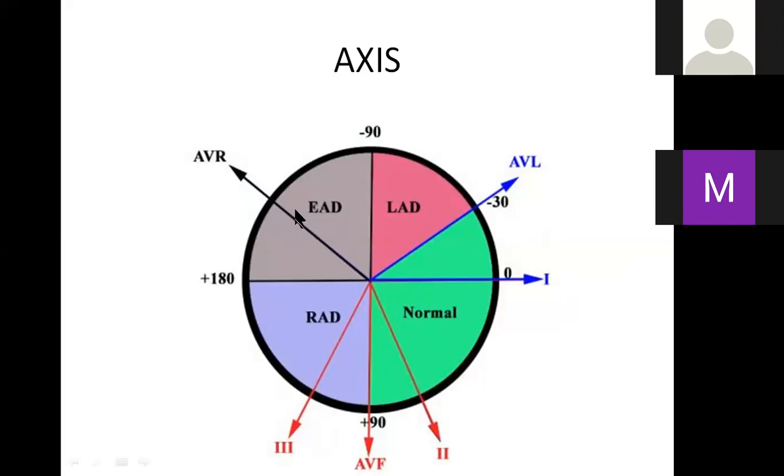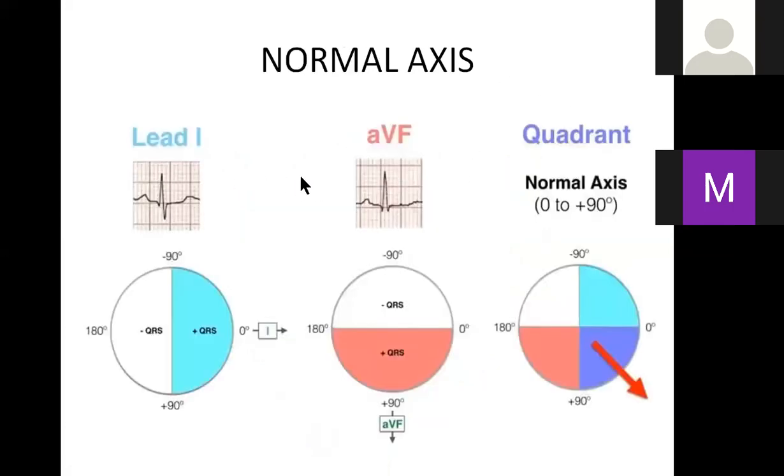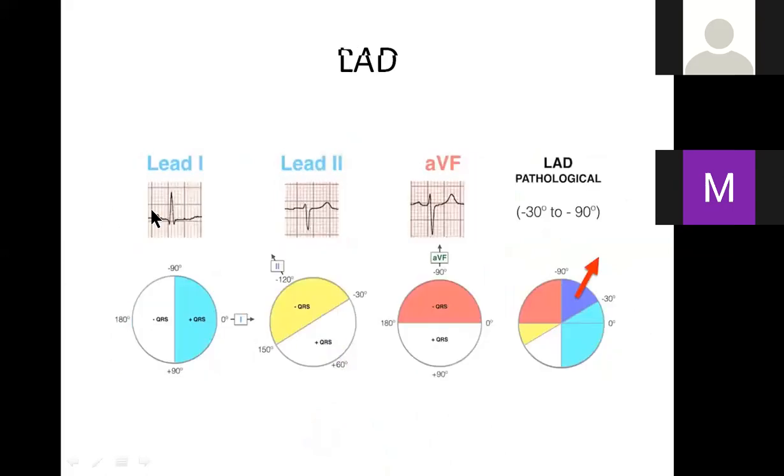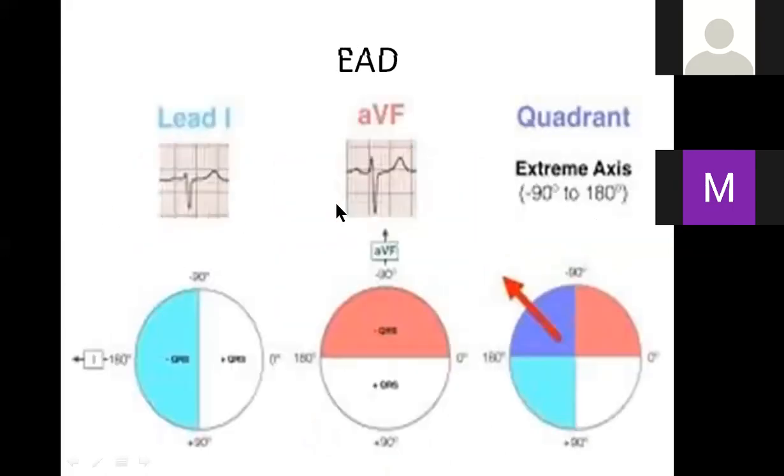And both negative, extreme axis deviation. So you can see normal axis, left leaves, right reaches, right axis deviation, left leaves, left axis deviation, and extreme axis deviation, both leave.